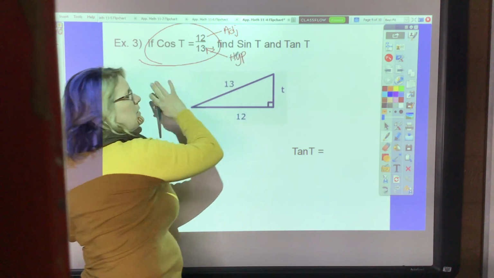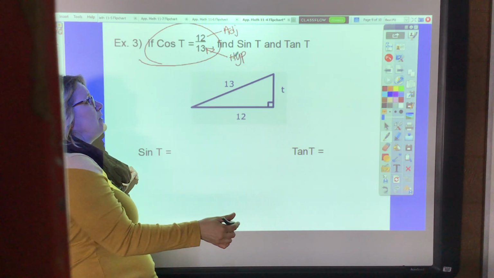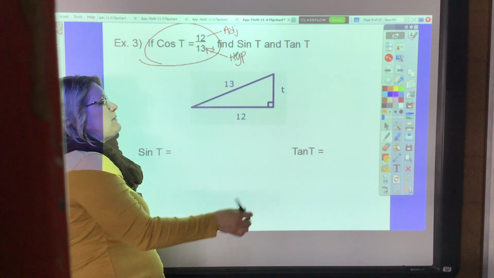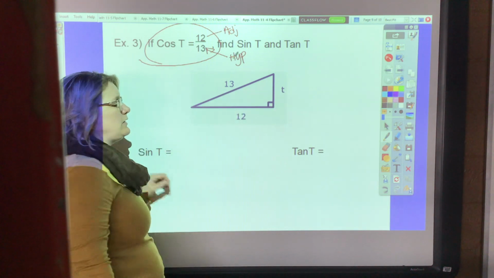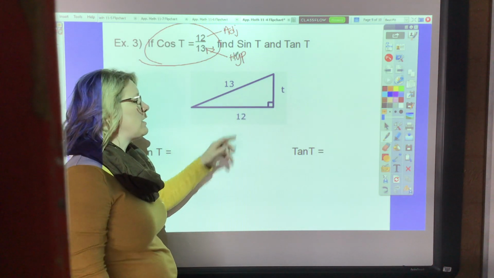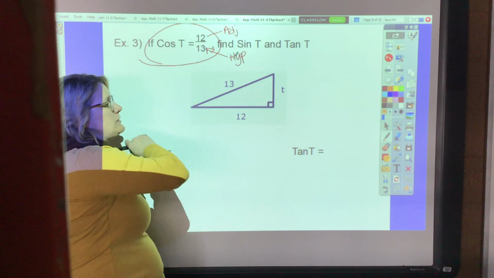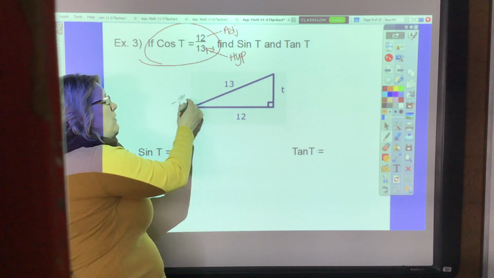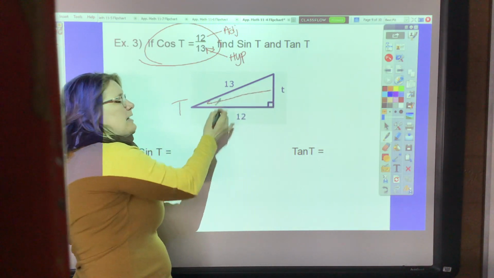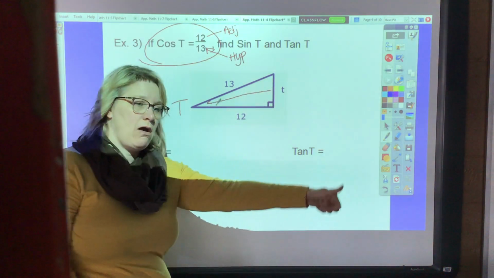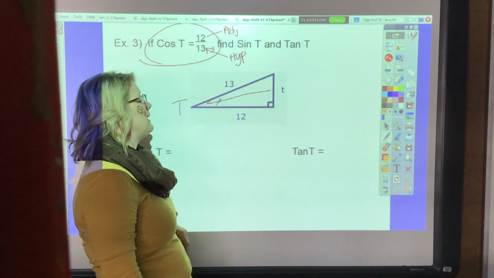I don't even need to know what my orientation is, because I always know my hypotenuse is across from the right angle. The only place I had a question would have been on the 12. Now, it calls me cosine of capital T. Well, when I see a little t representing a side, that means the vertex opposite it is where I need to put the capital letter.